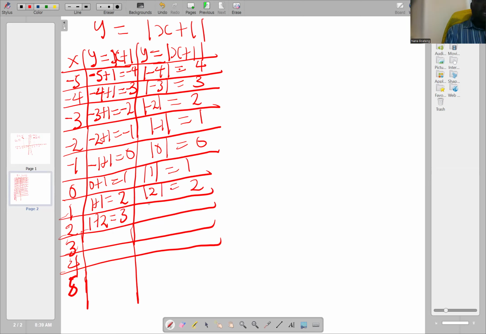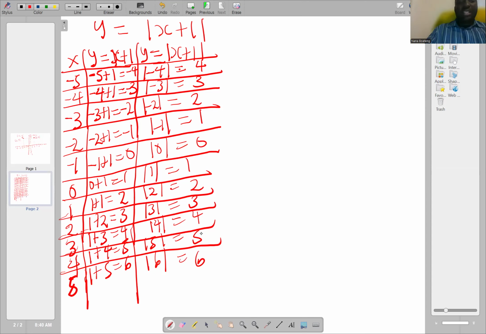The absolute value of 3 is equal to 3. 1 + 3 equals 4. The absolute value of 4 is 4. 1 + 4 is equal to 5. The absolute value of 5 is equal to 5. And 1 + 5 is equal to 6. The absolute value of 6 is equal to 6.